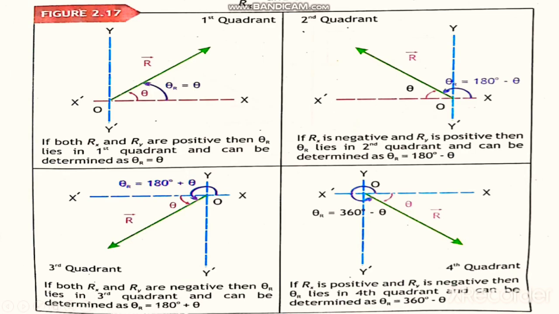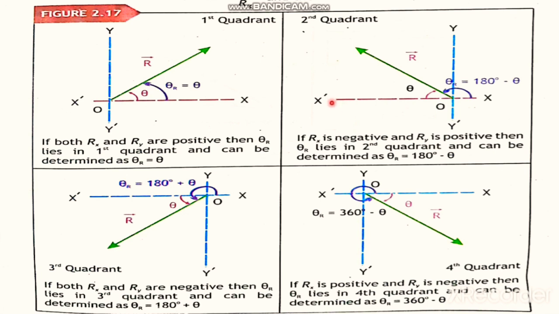Here is the first quadrant. The vector is in the first quadrant when both Rx and Ry are positive, and in this case theta R will be equal to simply theta. If Rx is negative and Ry is positive, then the vector will be in the second quadrant and theta R will be equal to 180 minus theta.